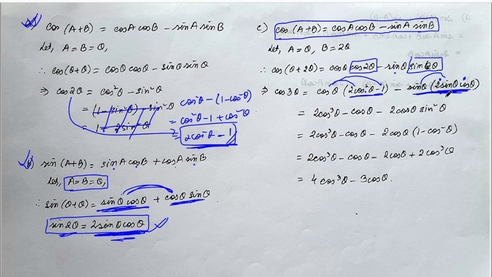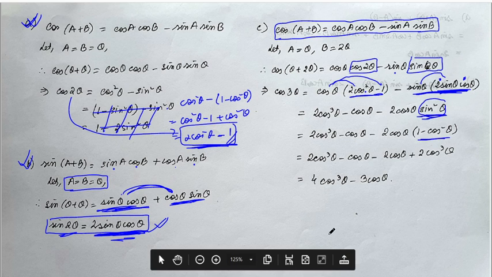After this line we can see that we have this sin square theta, but we cannot keep this one because the overall thing has to be in terms of cos. So we can replace sin square using 1 minus cos square from this formula: sin square plus cos square equals 1. From here, if we subtract cos square, you will get sin square equals 1 minus cos square.